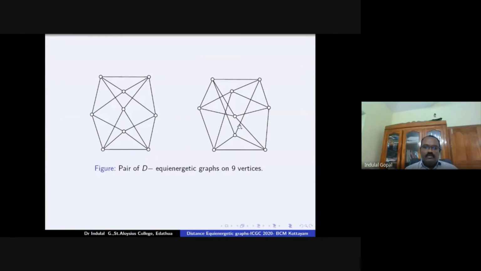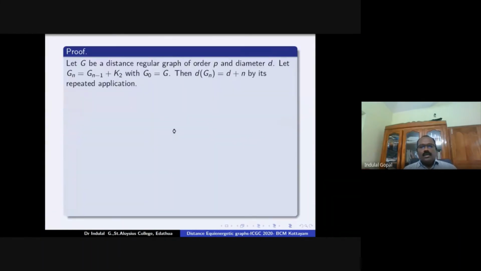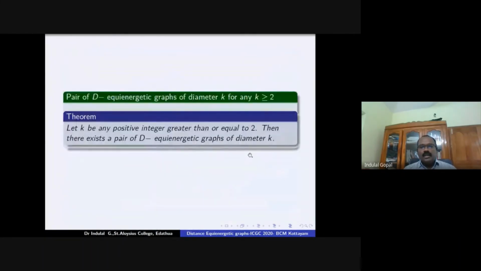We form the Cartesian product of these two graphs with K2. Then we get equi-energetic graphs of diameter 3. Then we use that, and form the Cartesian product with K2. We get equi-energetic graphs of diameter 4, and this process continues. So that at last we get, for any given k, a pair of D equi-energetic graphs of diameter k.